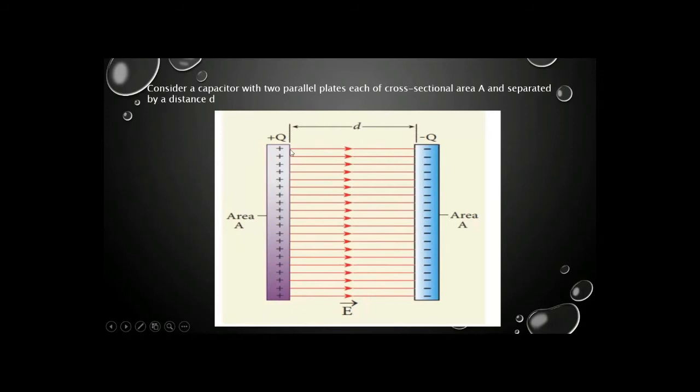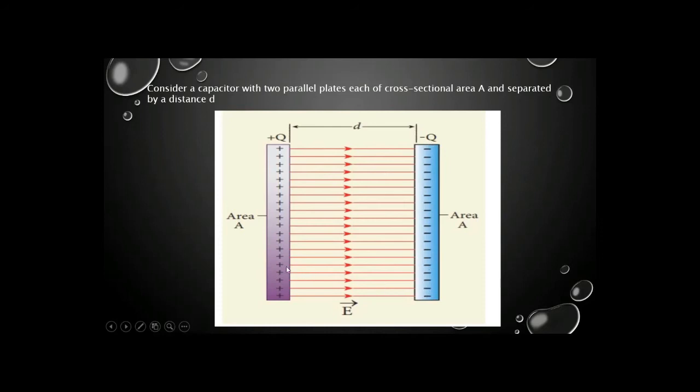So how do we get these charges? We can take a metallic plate and rub it with a silk cloth, and we get a charge on it. When we place this plate in contact with the other plate, the charge which is already present on that plate will induce the charges on the other plate, and that's how we can get one positive charge plate and the other negative charge plate.